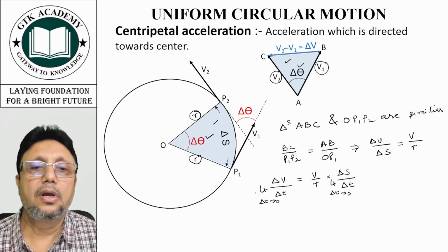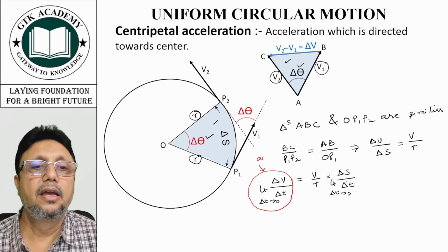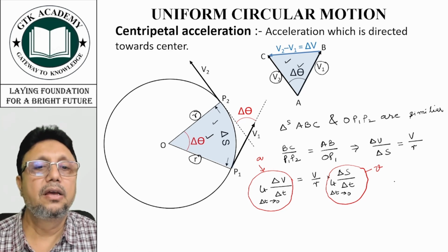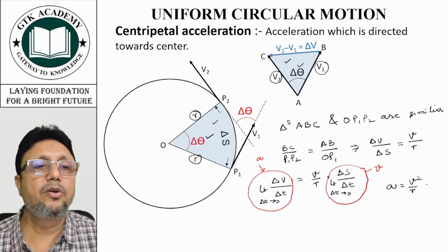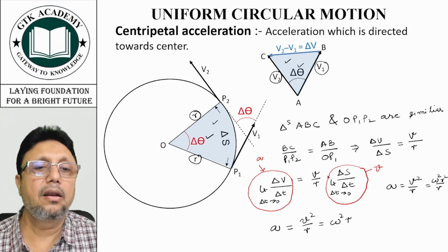Now, this becomes our instantaneous acceleration A, and this becomes our instantaneous linear velocity V. So we got a relation here that A is equal to V square upon R, and V is equal to R omega, so omega square R square upon R. So acceleration is equal to V square upon R, which is equal to omega square R.